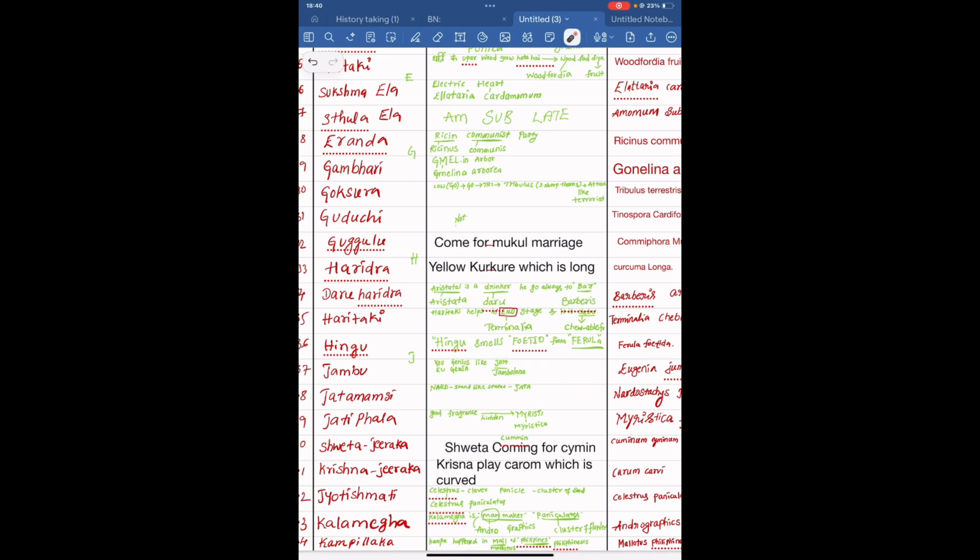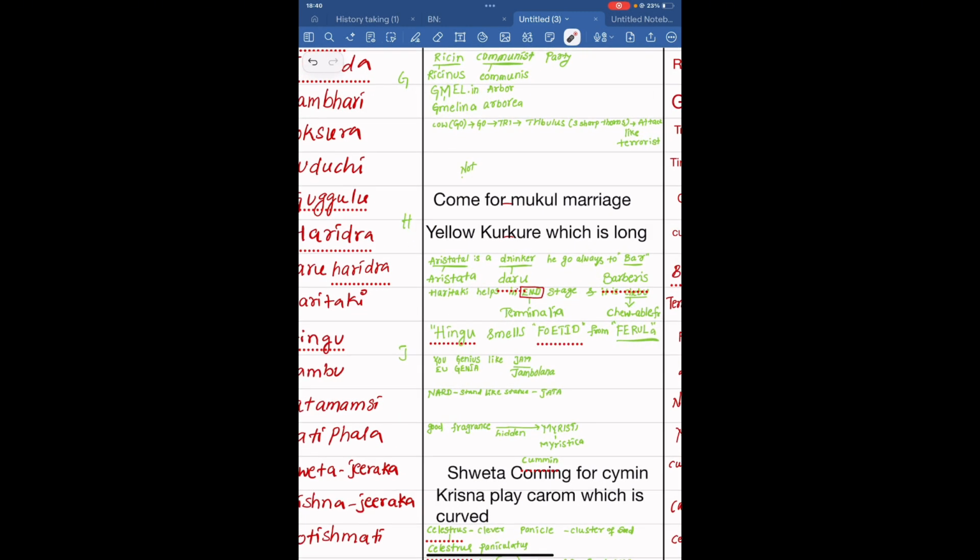So start with the letter J. The first drug is Jambu. You genius like a jam is the trick for Jambu. So the word jam gives Jambolana, and then U gives E. U is also written as U. So genius gives the word Genia.